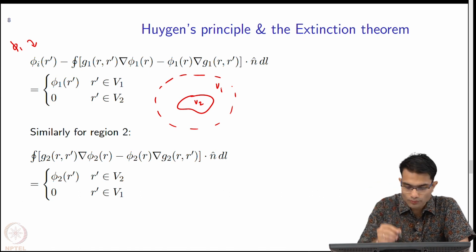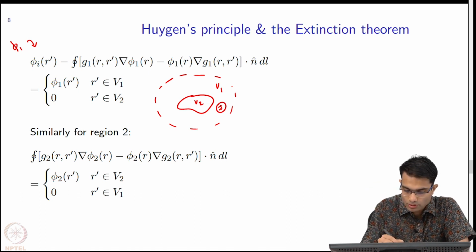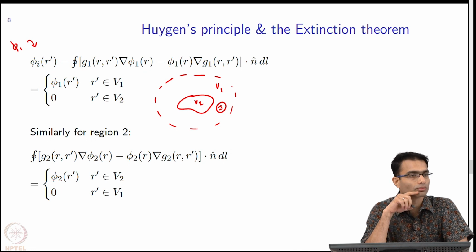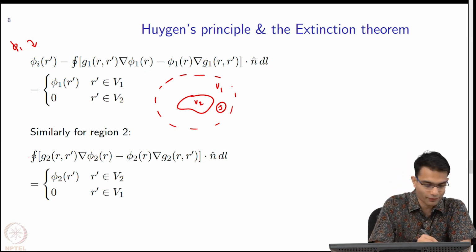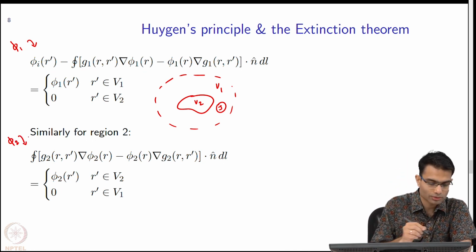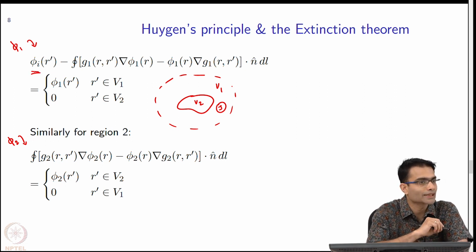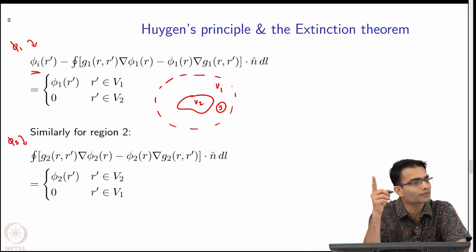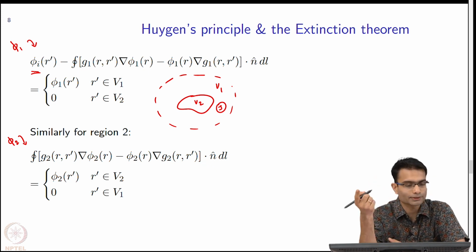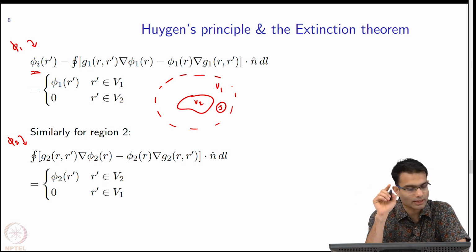In volume 2, was there any current source? No. So, how will this equation be different for phi 2? It will be identical, except that there is no incident field term. That incident field term came as the integral of the current, but there is no current in volume 2. So, when I repeat this derivation, this is exactly the field that I will get.